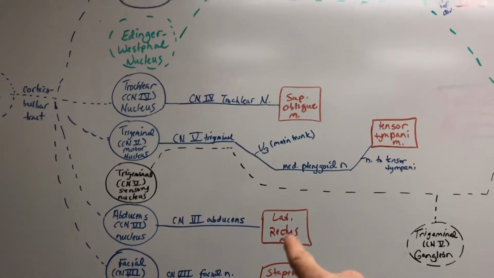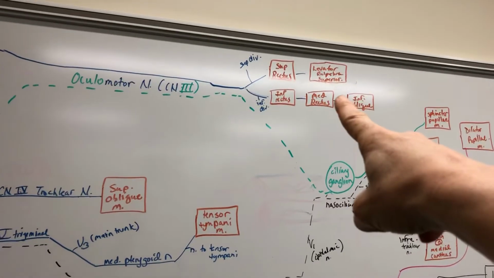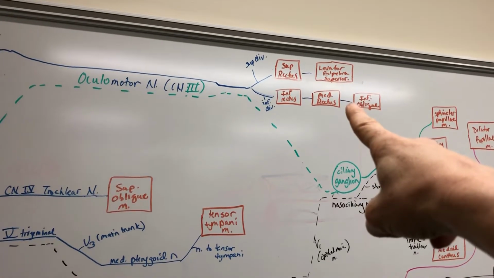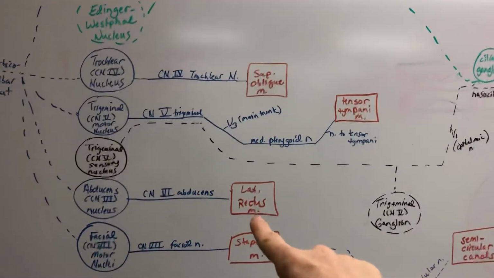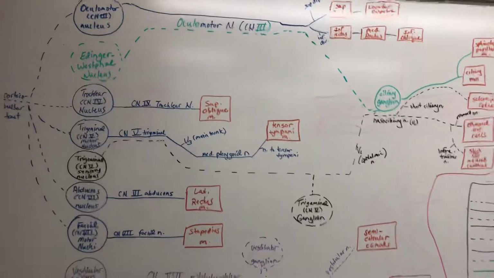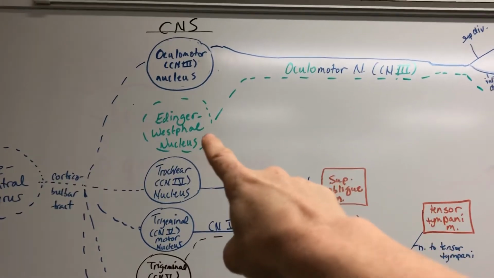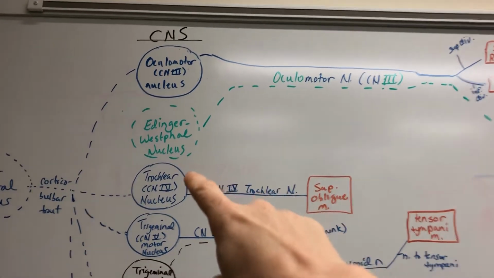The way many remember this is LR6, SO4, everything else is 3 for the extraocular muscles. Again, LR6, SO4, everything else is 3. A great mnemonic to help you remember the 7 extraocular muscles and their 3 innervations. On ocular motor travels some preganglionic parasympathetics that we should discuss.